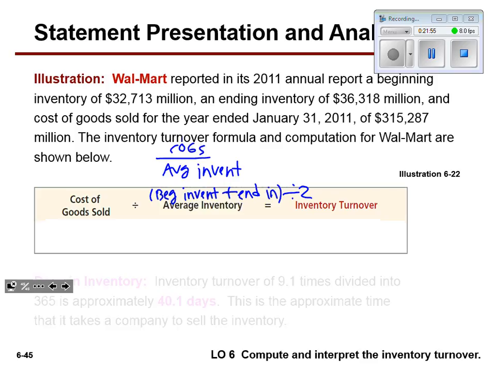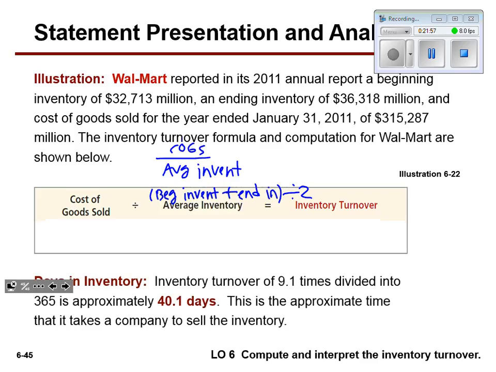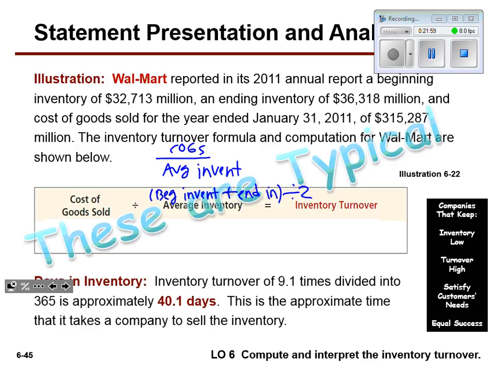So cost of goods sold. Oh, spoiler alert. Looks like I did my animations in the incorrect order. Cost of goods sold, where was that? Plug that in and it's million.